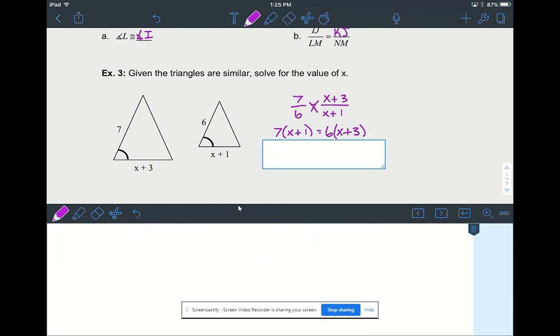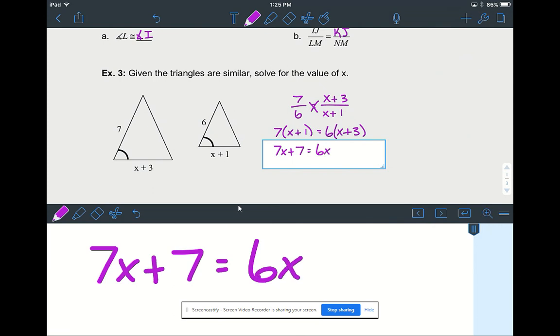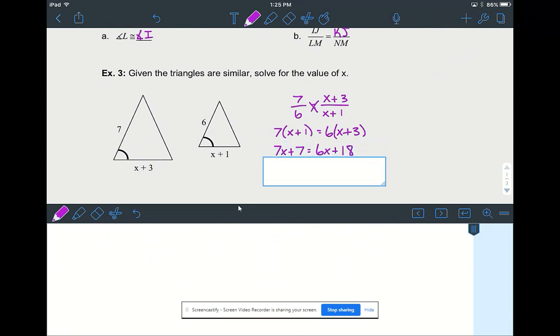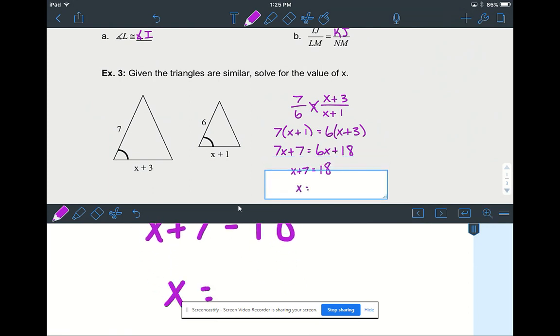So we multiply by the quantity, so that'd be 7x plus 7 equals 6x plus 18. Now we can solve. So I'm going to subtract 6x. So I'm going to get x plus 7 equals 18. And then I'm going to subtract 7. So I'm going to get x equals 11 for my answer.